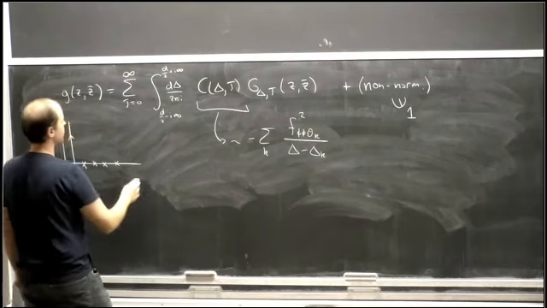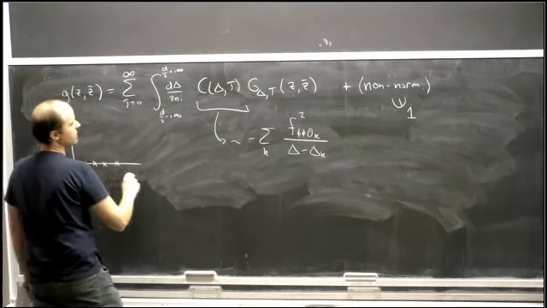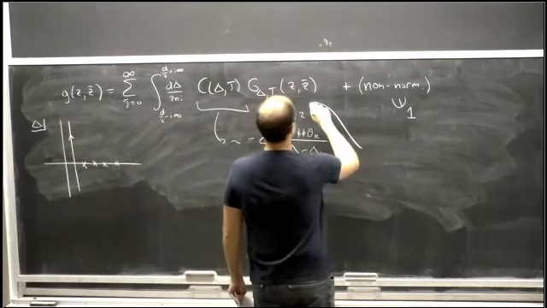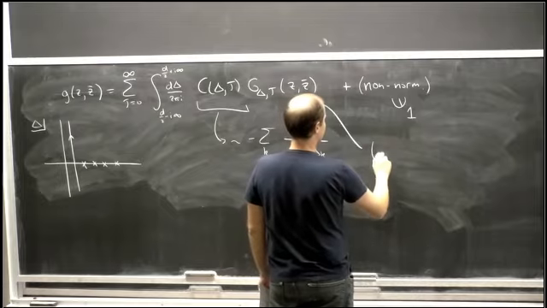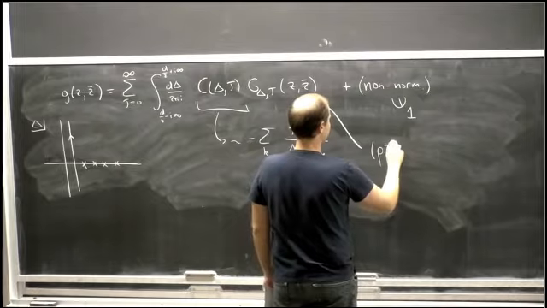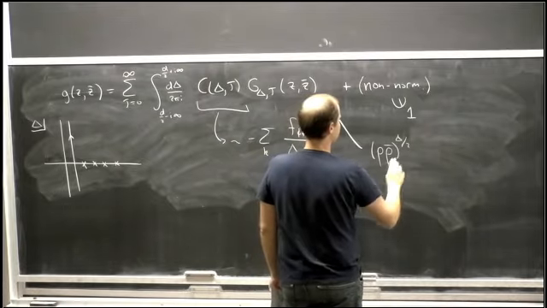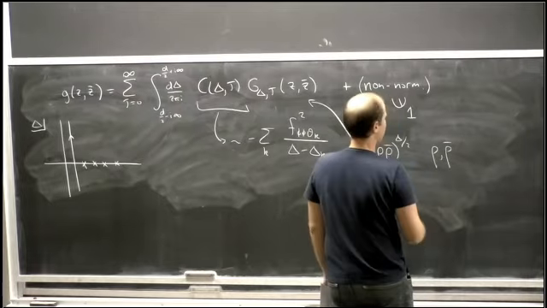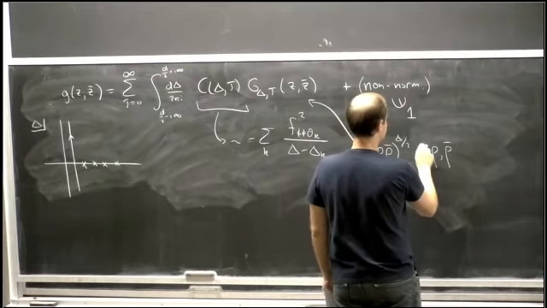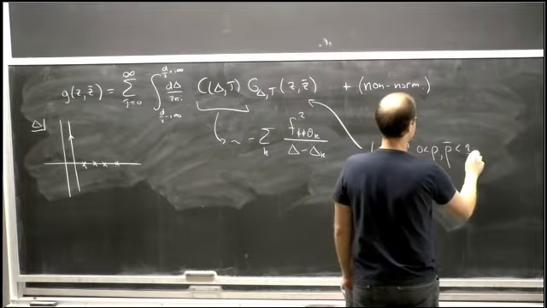One way to see that is that at large delta, the conformal block goes like rho bar to the delta over 2, where rho and rho bar are between 0 and 1.